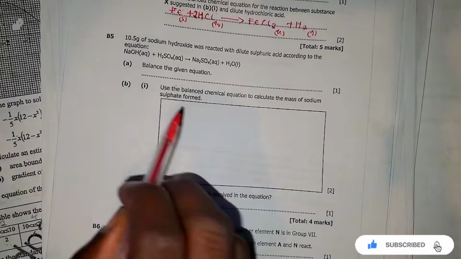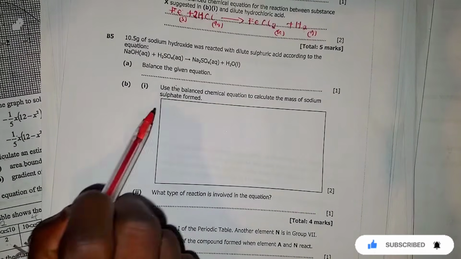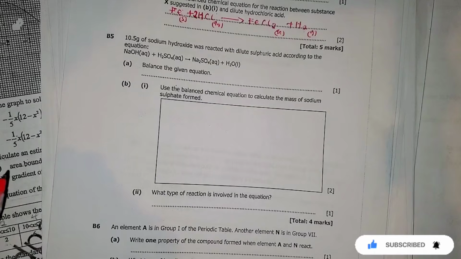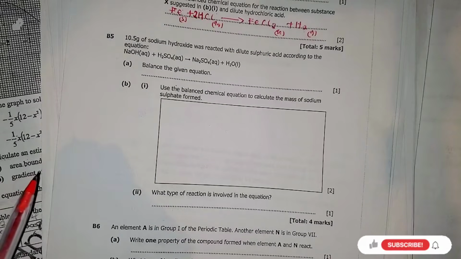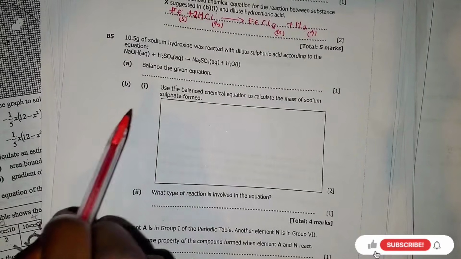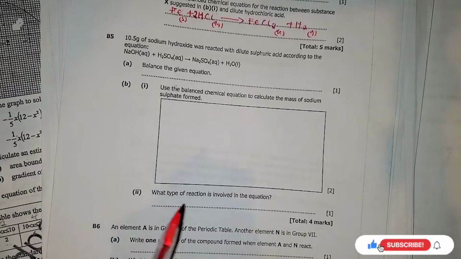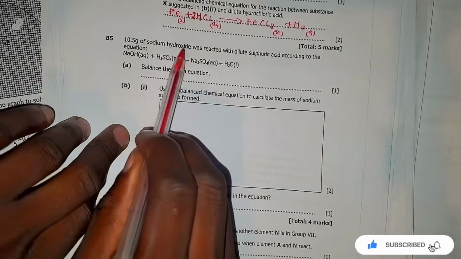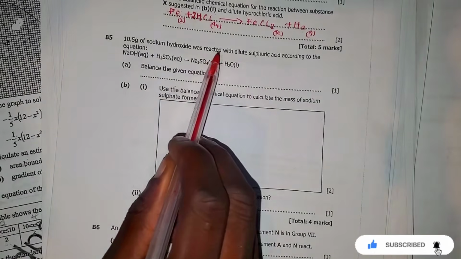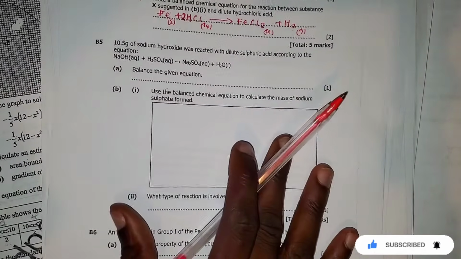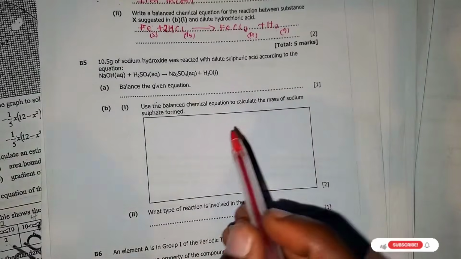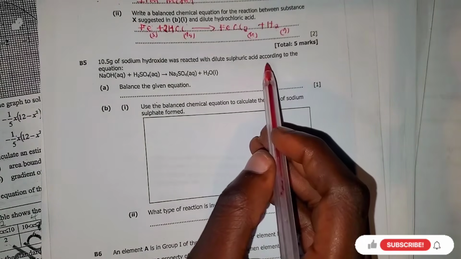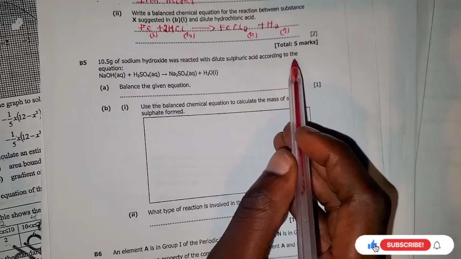So this question is under mole concept. 10.5 grams of sodium hydroxide was reacted with dilute hydrochloric acid according to the equation.